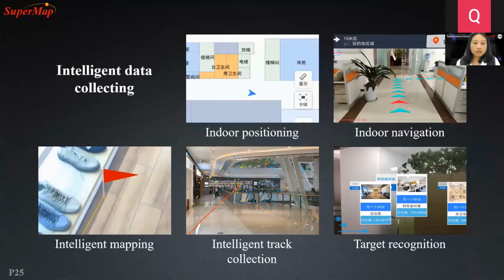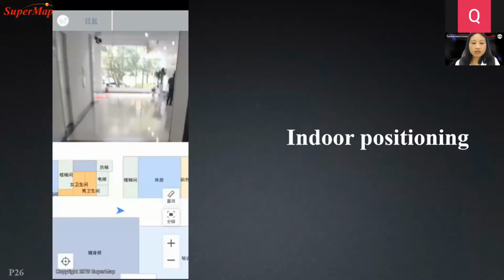Then let's move to intelligent data collection. In this part, I'd like to introduce indoor positioning and navigation, intelligent mapping, intelligent trunk connection, and target recognition. Indoor positioning, let's see the video.